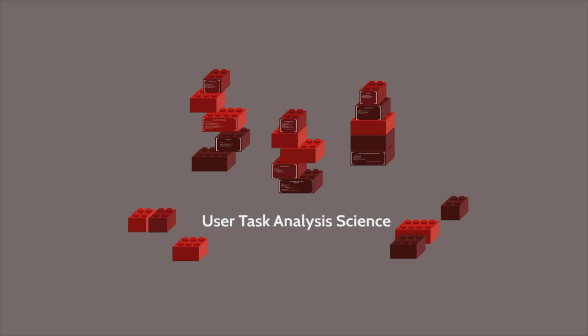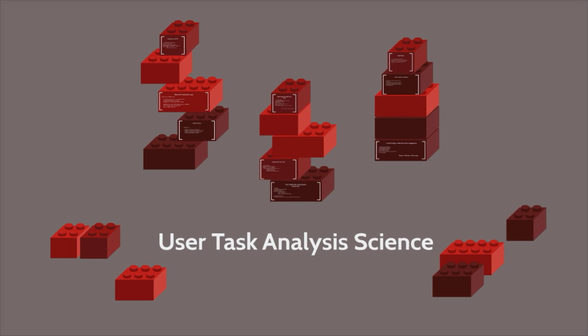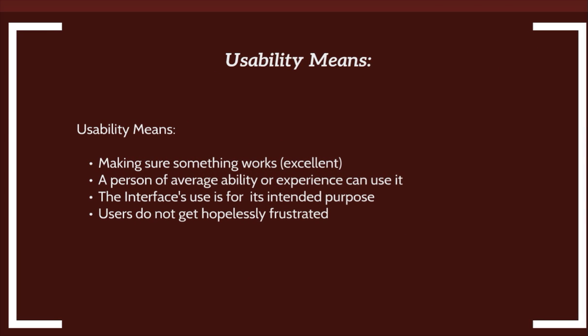So let's dive into user task analysis a little deeper and understand where your project's going to go and how this is going to happen. First, everyone needs to think about usability and what it actually means. First, it's making sure that something works. And doesn't just work, it's excellent. It gets the user straight to the task with the goals in mind.